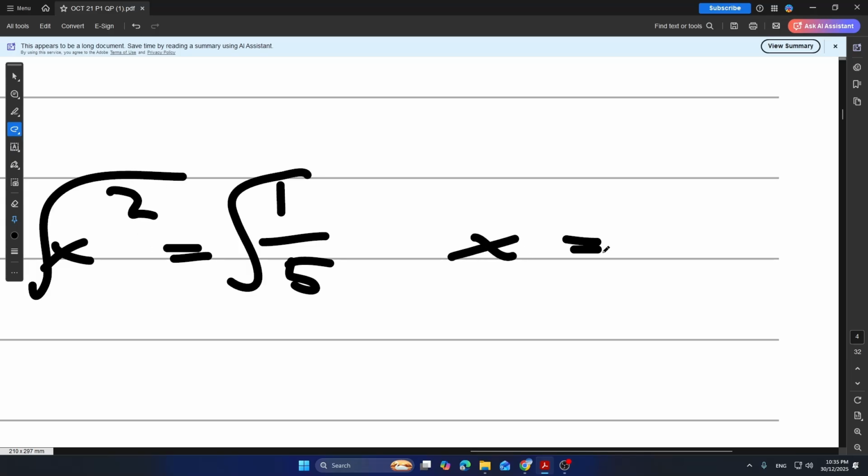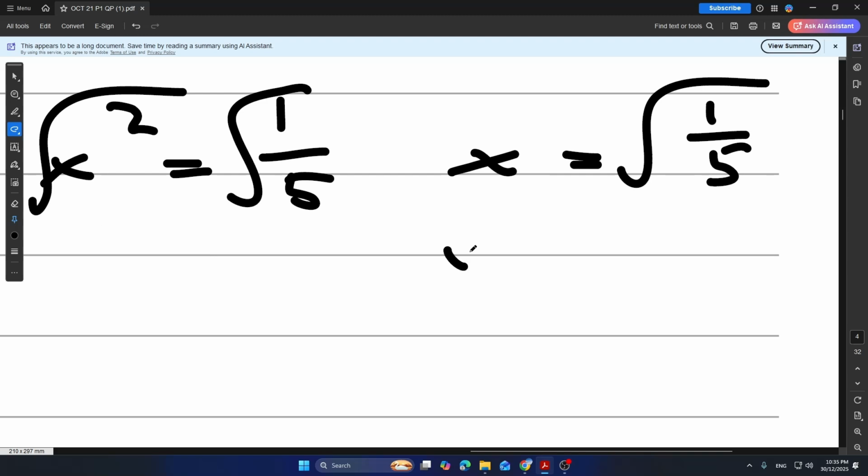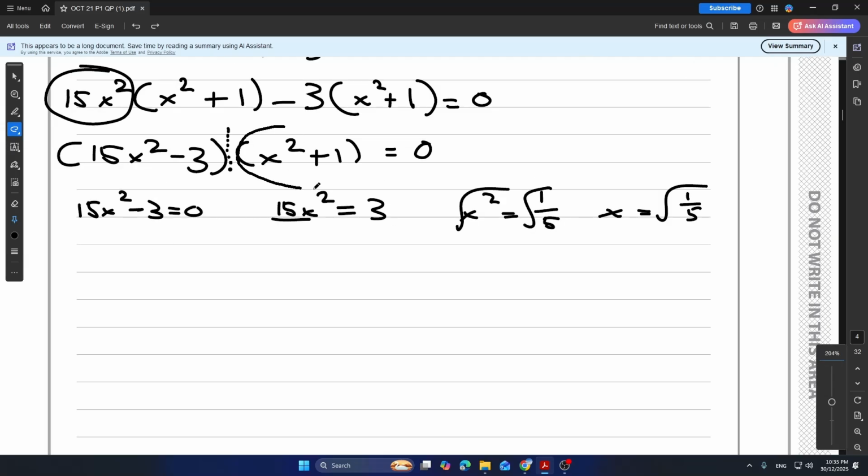So x equals root 1 over 5. I will write root 1 over 5 because that is correct. Or if you put it in the calculator, you will get x equals root 5 over 5, which is also a correct answer. Both are correct as long as they represent the same thing.